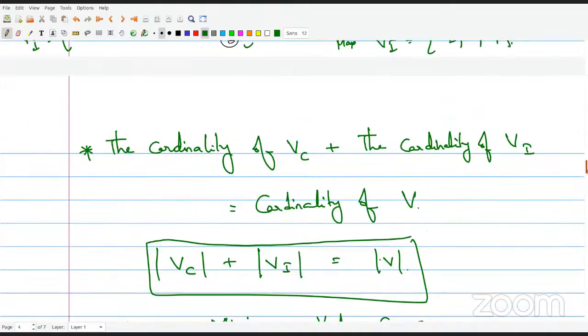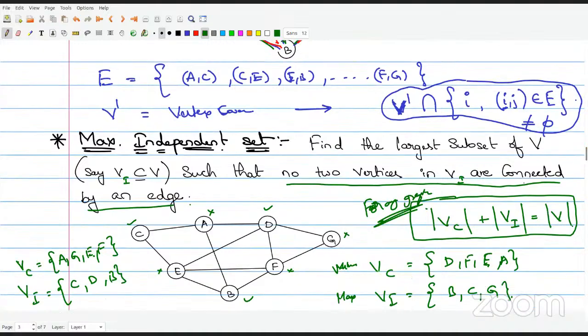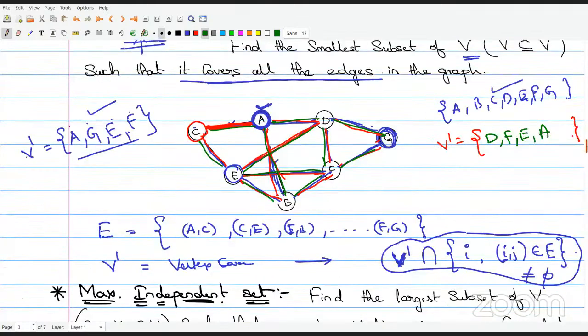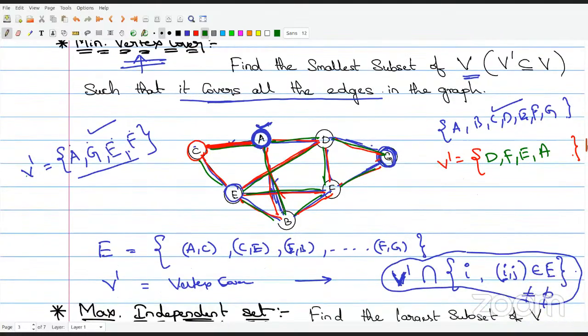Okay, so this is an important connection between maximum independent set and vertex cover. If you know one, the other you can deduce directly.